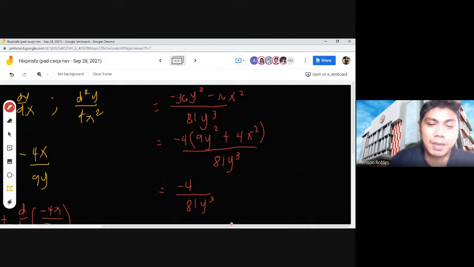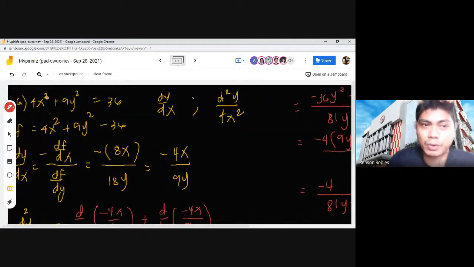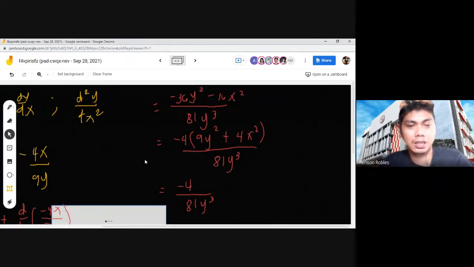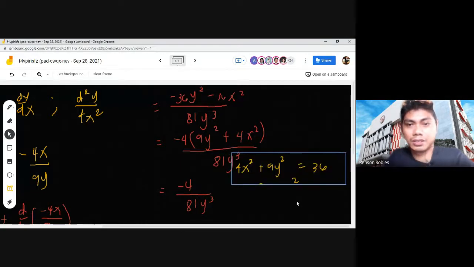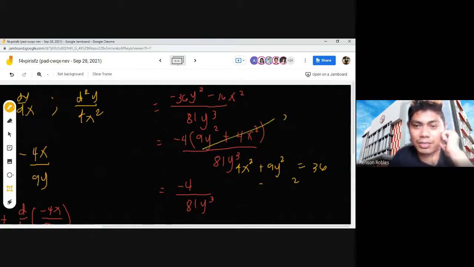All right. And remember, from our given, 4x squared plus 9y squared. Let me drop it from here so that you can compare. All right. Where's that? So this is 4x squared, the yellow one, 9y squared. 9y squared plus 4x squared is what? 36.